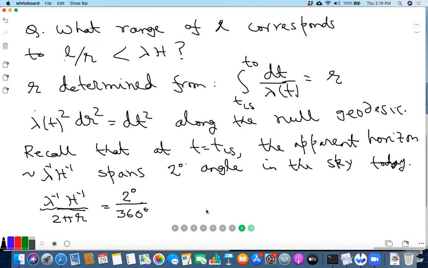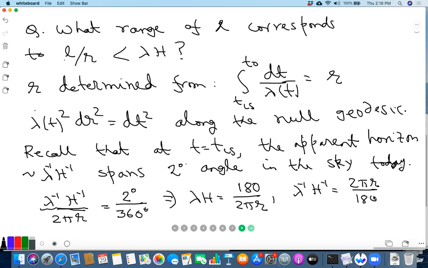Is that clear? So this means lambda h is 180 over 2 pi r, or lambda inverse h inverse is 2 pi r over 180. That's roughly r over 30, because 2 pi is like 6.